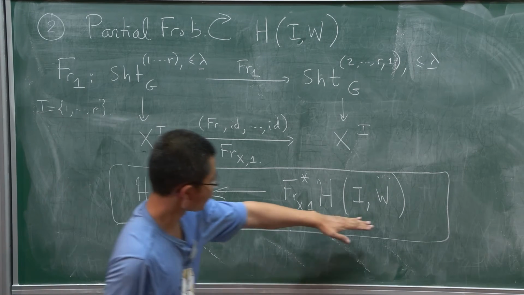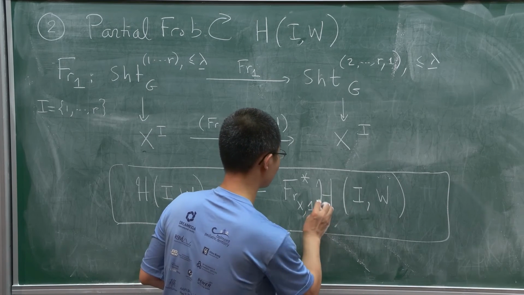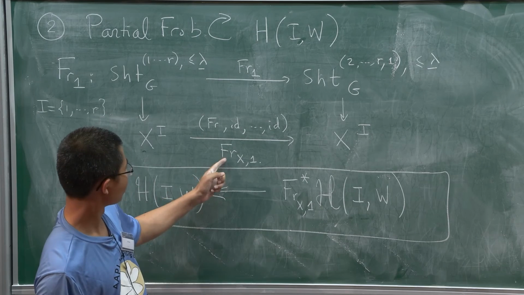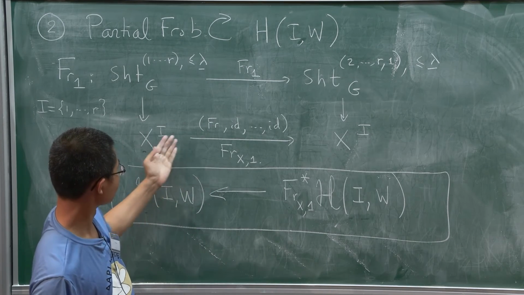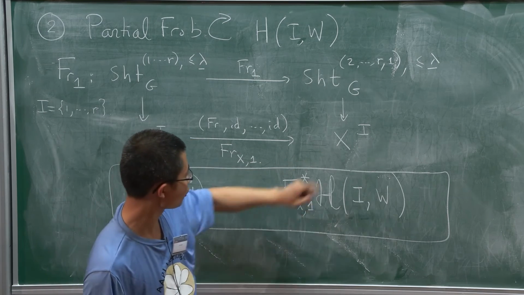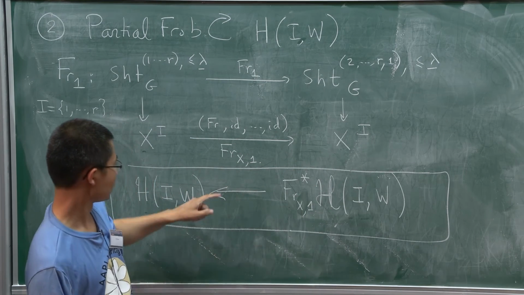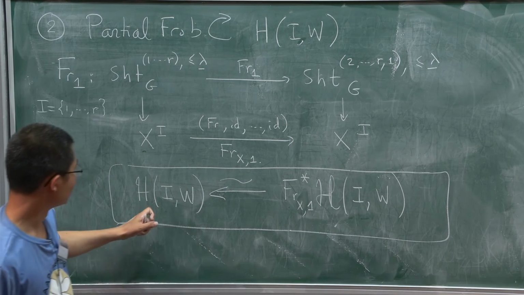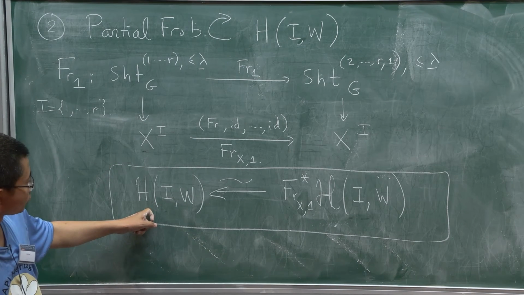You have the same sheaf, curly H I W, pulled back along the Frobenius map of the first leg. So this is not the sophisticated Frobenius, it's just Frobenius on the curve. And that, in fact, is canonically isomorphic with the original complex.